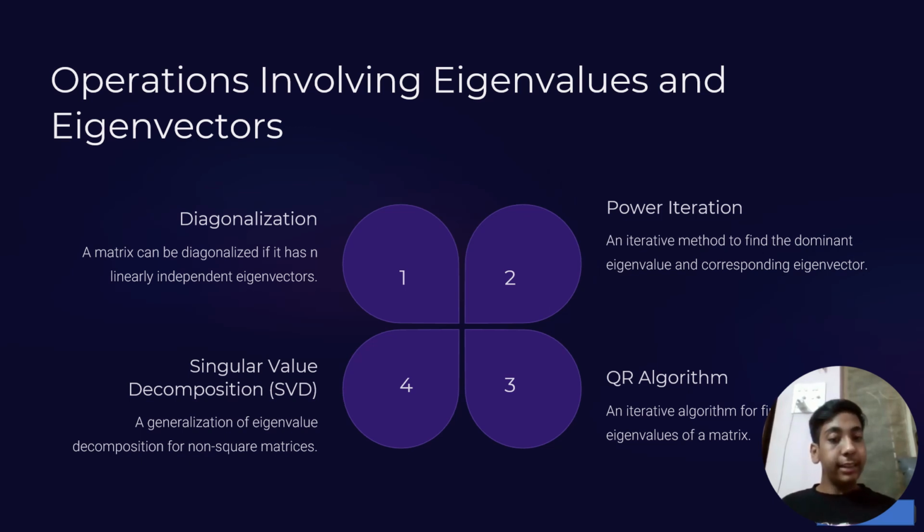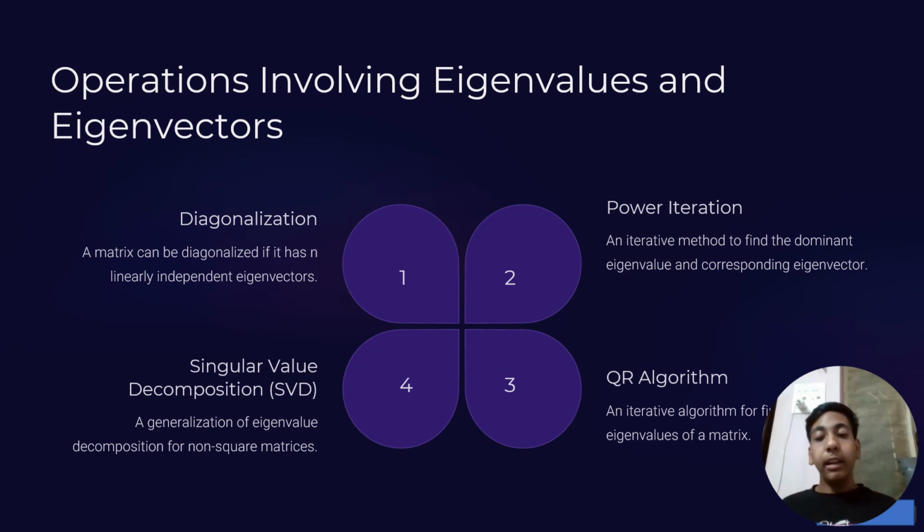For the first, diagonalization. A matrix can be diagonalized if it has n linearly independent eigenvectors. We can understand that a matrix can be diagonalized if linear independence holds, which is the main condition.